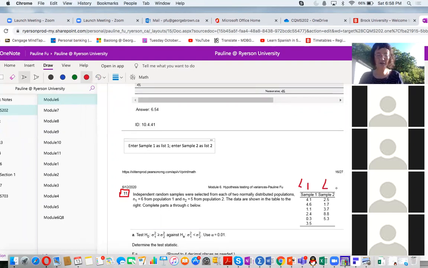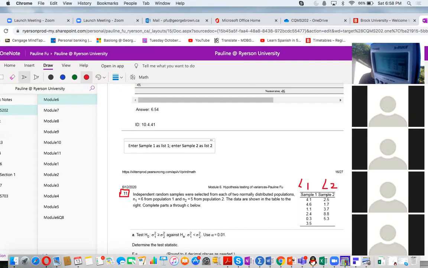I believe I already entered data in my calculator. I will just show you. Actually, I entered in list 3, list 4 because I have useful data there. So in my calculator, I entered sample 1 as list 3 and sample 2 as list 4. Doesn't matter, okay?